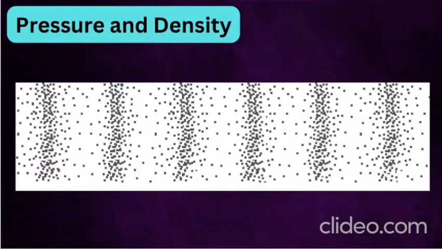Next part, now look at the other one. What about this part? In this part you can see that there are fewer particles, right? So there is low pressure. That is known as rarefaction. What is rarefaction? Rarefaction is the place where you have low pressure, correct?